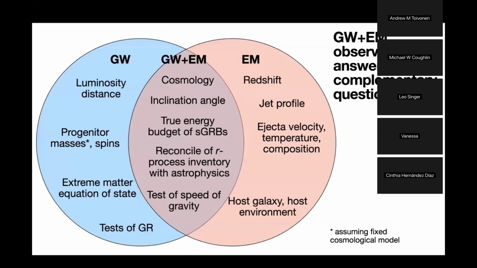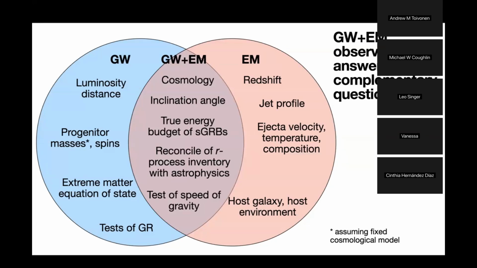Okay. If we have gravitational wave observations of a neutron star merger, then that allows us to estimate the luminosity distance to the source, because gravitational wave sources are standard sirens.